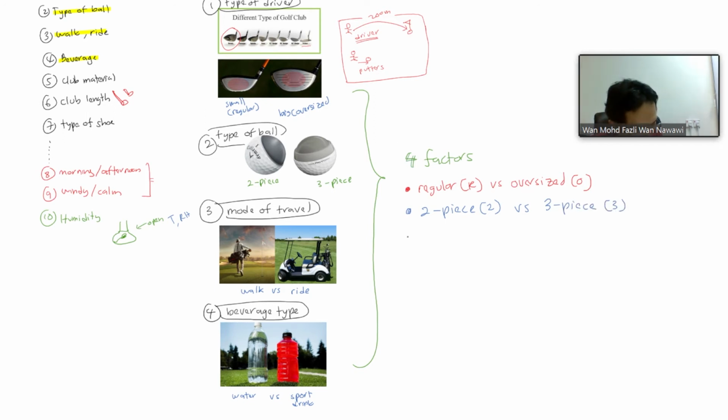The third factor is mode of travel. Either you walk, W maybe, versus riding, R. And then the fourth is beverage. Either you choose water, also W maybe, versus the sport drink.